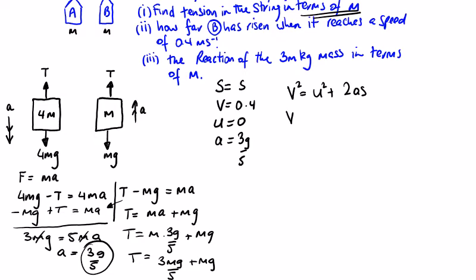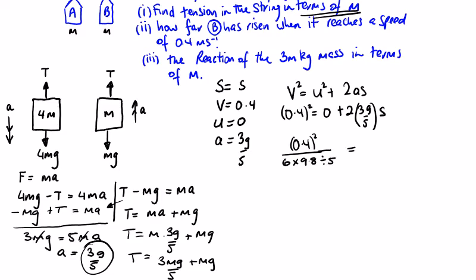v squared, we have v, 0.4. 0.4 squared is equal to 0 plus twice 3g over 5 times s. We will divide 0.4 squared by 6 by 9.8, 6g, 6 by 9.8 divided by 5.